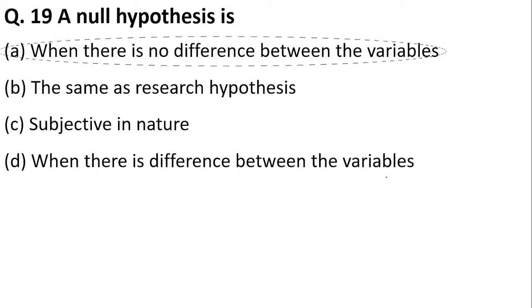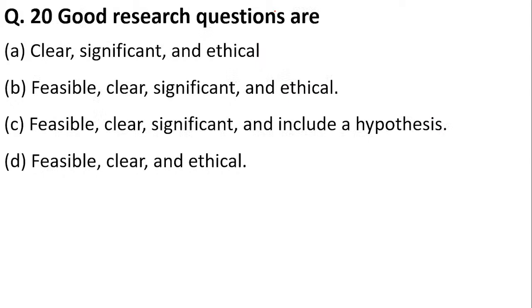When there is no difference between the variables, at that time you denote the null hypothesis by H0. So the null hypothesis is when there is no difference between the variables. Yes, question number 19, right answer is option A.